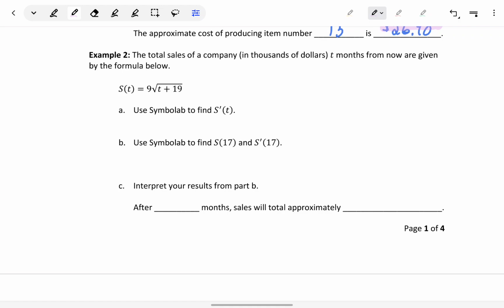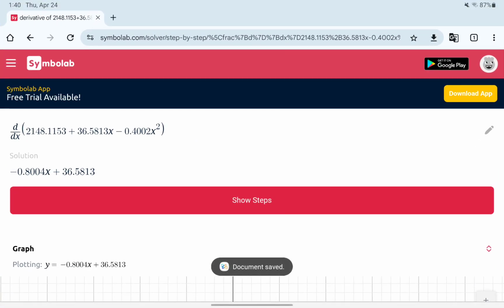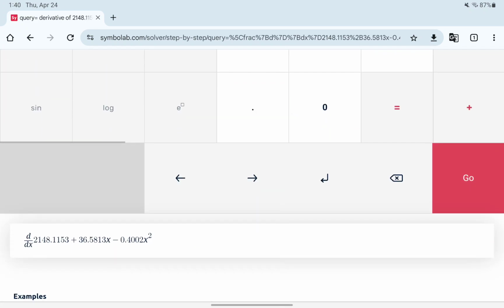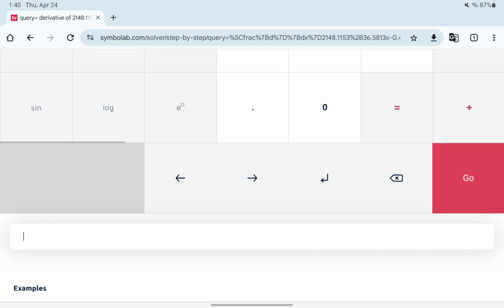Let's look at one more example here, where we have the total sales of a company in thousands of dollars t months from now, given by this function. We first want to use Symbolab to find that marginal function, to find that derivative function. In this case, I'm going to use d over dt, because the variable in this problem is a t.